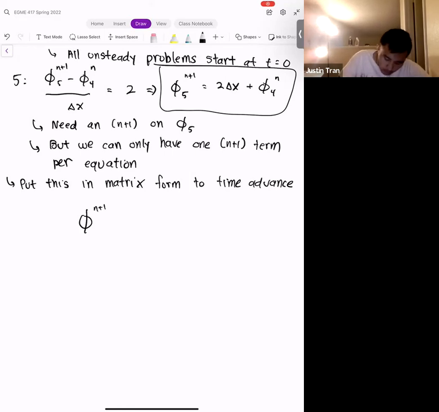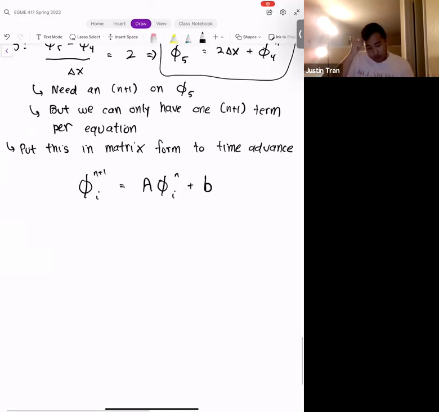We have phi i at n+1 is equal to a coefficient matrix multiplied by phi i at n. And to this, we're going to add an additional vector here, b, to include any extra terms, any of the boundary conditions, or if we have source terms, that's usually where they go. Great. And so we have phi i at n+1 on the left, because each equation only has a single n+1. So we can afford to keep that over there.